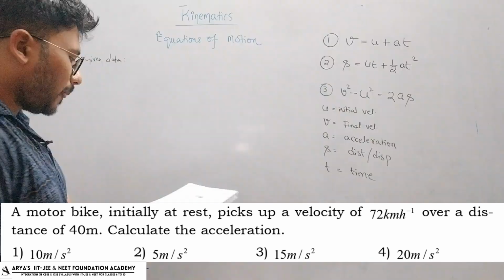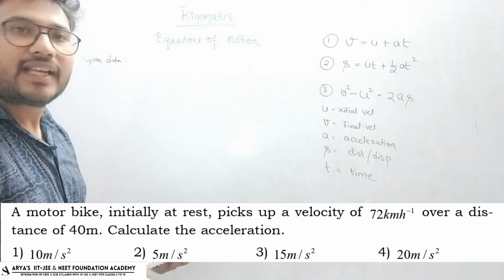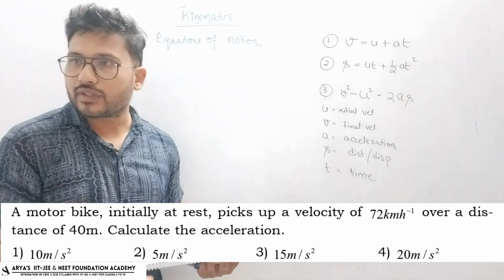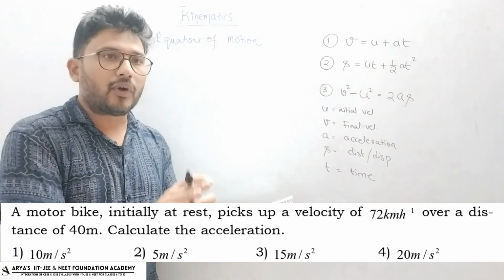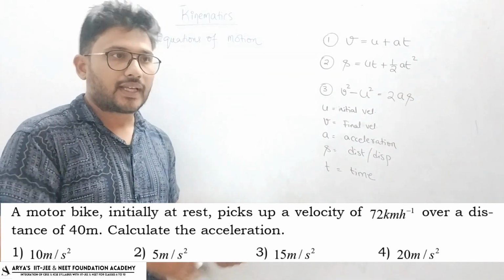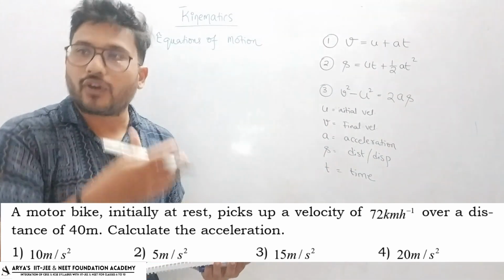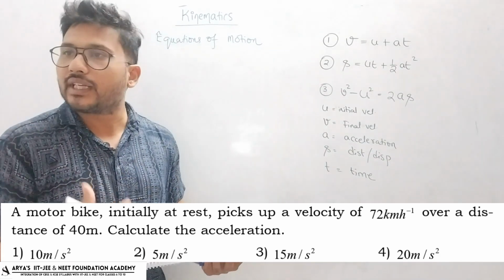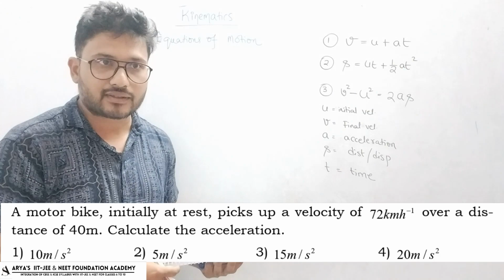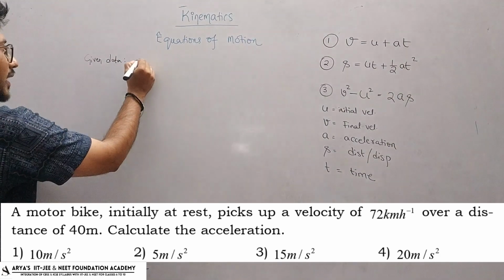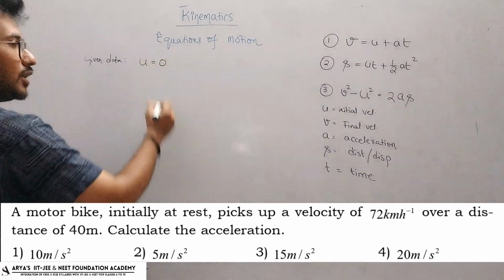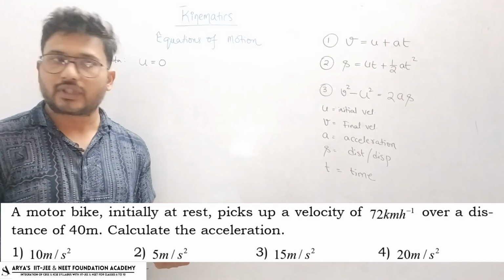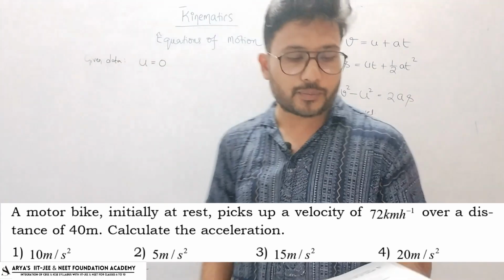Number one, motorbike initially at rest. In any question, if they are telling the body is starting from rest, initially at rest, falling freely, sliding down freely, if you hear such sentences, you should write the u value as 0. Initial velocity is 0, u is equal to 0.